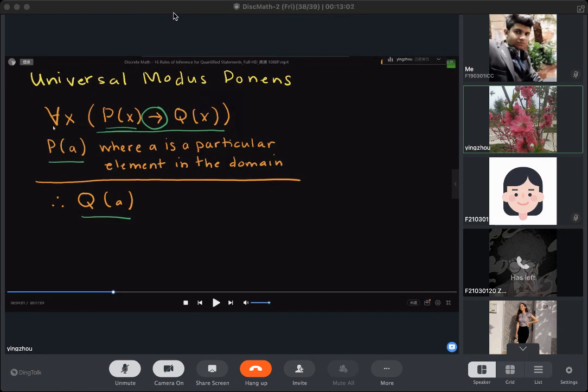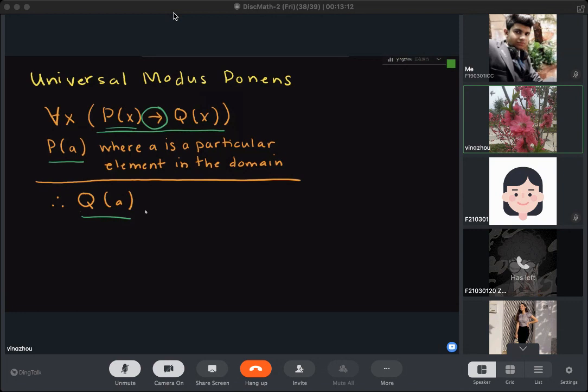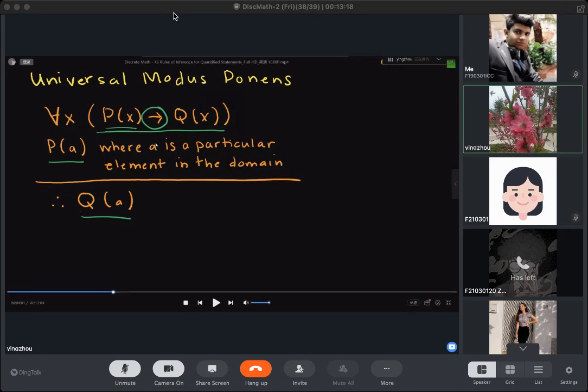That means we have P(a) conditional Q(a), and combined together with P(a) we have Q(a). So combined together, just using UI and MP, we have this new UMP, just like this.